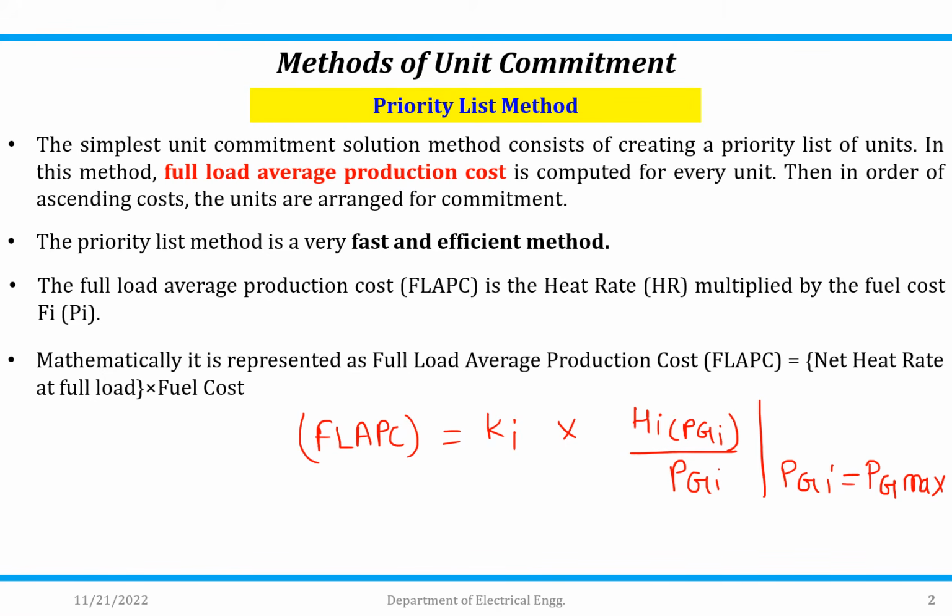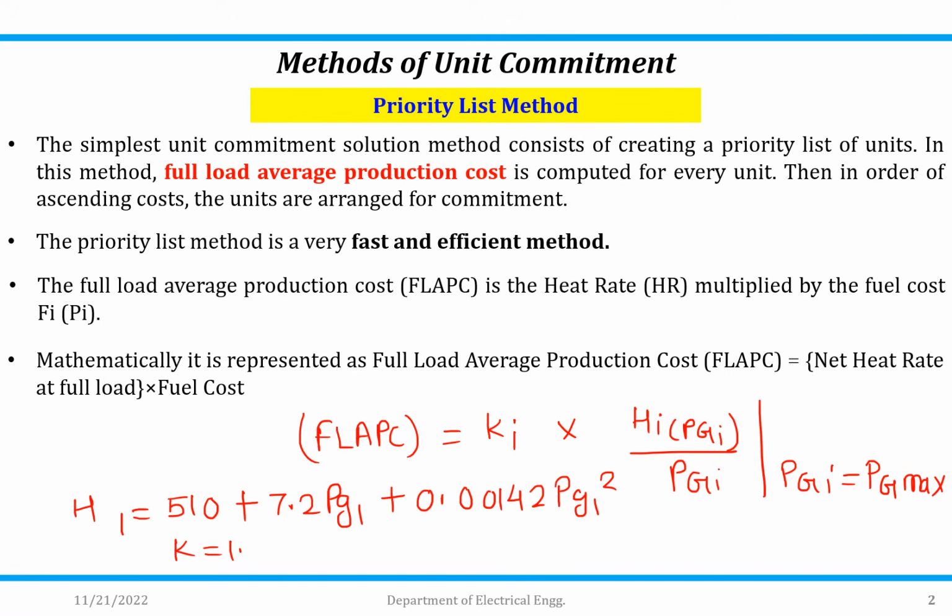For example, suppose I have an equation. Let me write this equation first. If the heat rate of the unit is given as H1 equal to 510 plus 7.2 into Pg1 plus 0.00142 into Pg1 square, and the cost of generation K is given as 1.1. How do we determine this FLAPC?